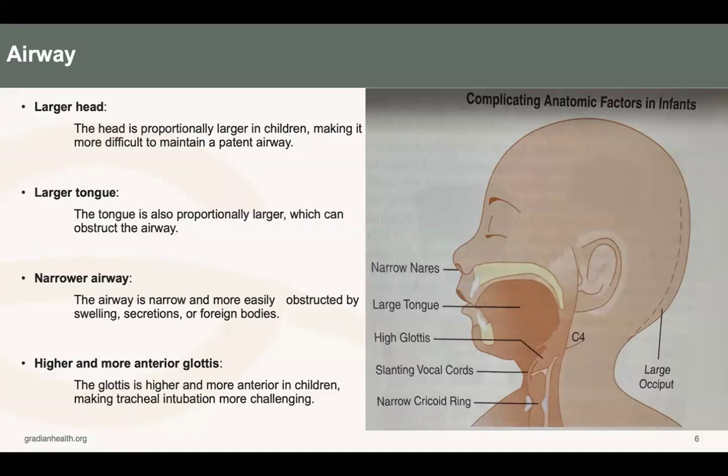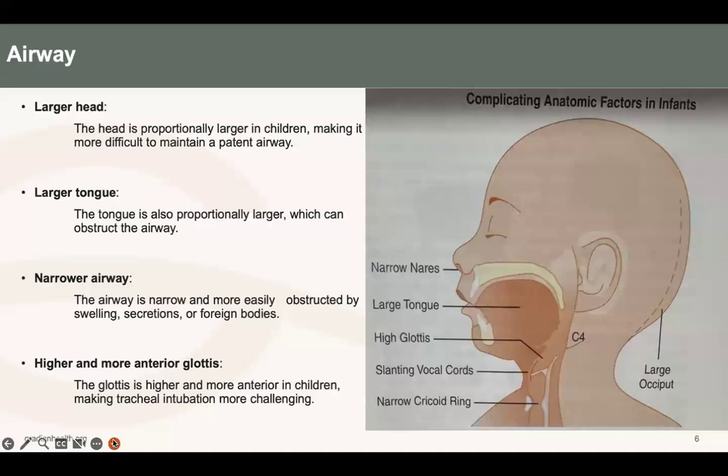And with this, certain conditions like severe allergic reactions like anaphylaxis in theater easily compromise the airway, because just the minimal swelling would completely close their airway. So this is very important.